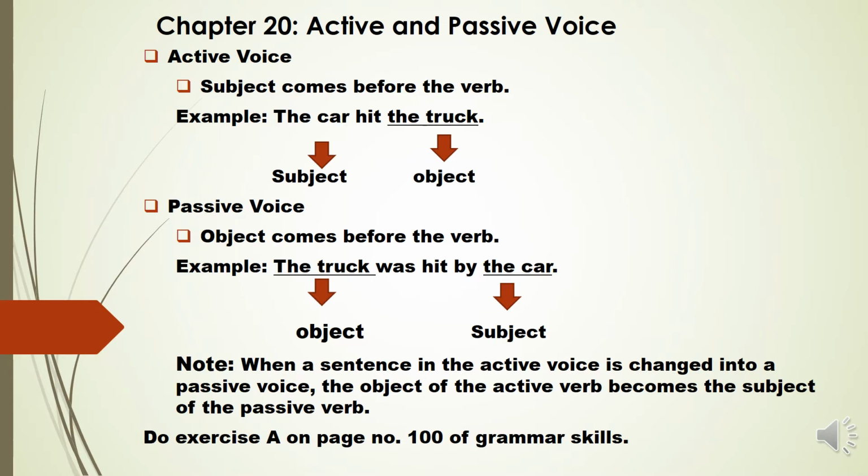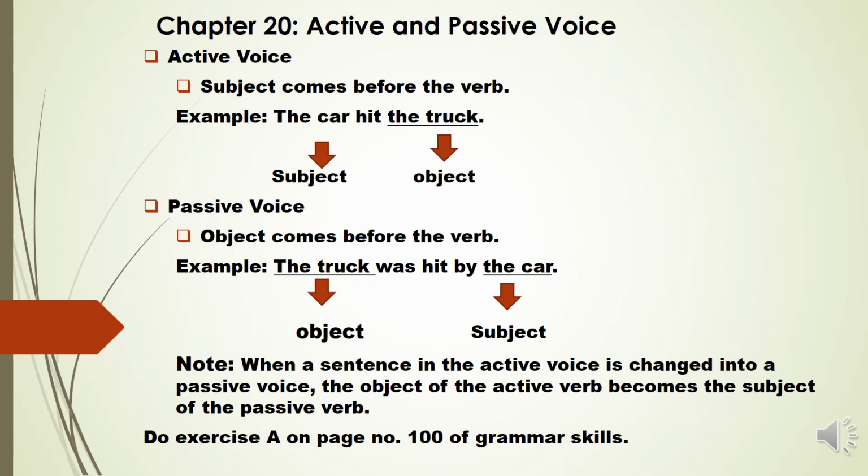They have interchanged their positions. Now the addition is of was, as the active voice sentence was in the past form. So now we will use was or were accordingly in the passive voice.